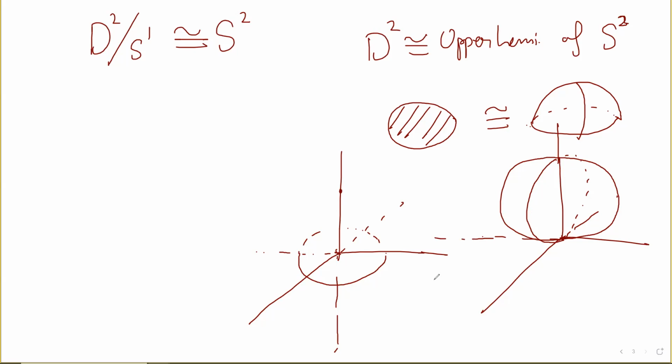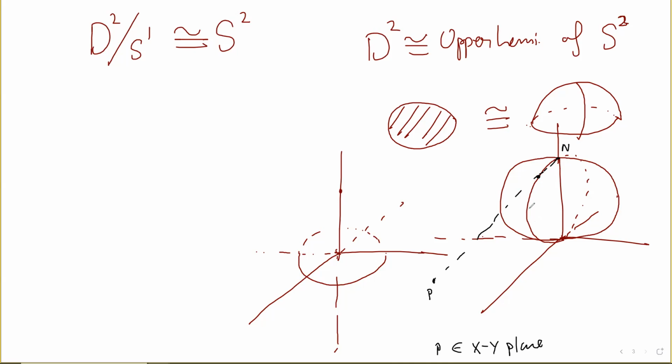If you take a point P in the plane, meaning P is in the XY plane, and we join it with the north pole, and then look at the point where it intersects, that gives you a one-to-one function.